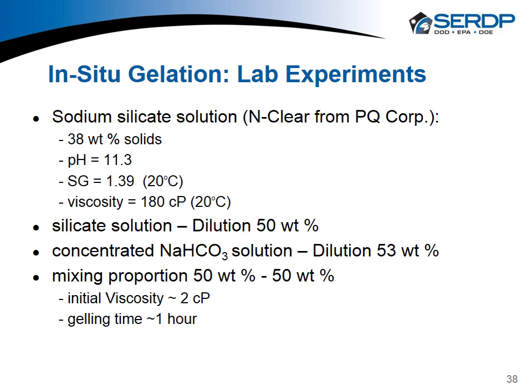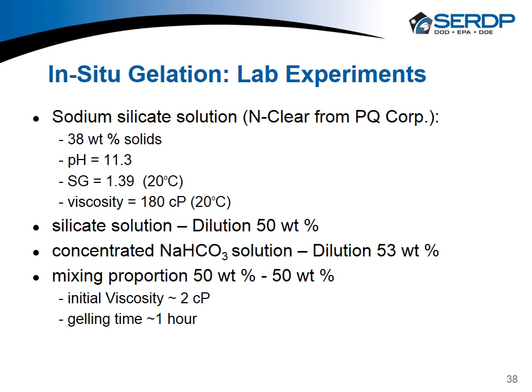I would like to give a little more information about that combination. The sodium silicate solution that we use has a pH of about 11.3 and is quite dense. Specific gravity is about 1.39, and viscosity is about 180 centipoise. But we diluted this silicate solution by about 58%.